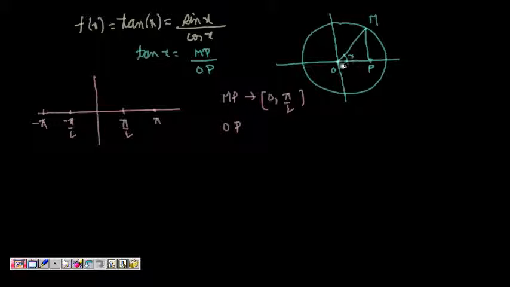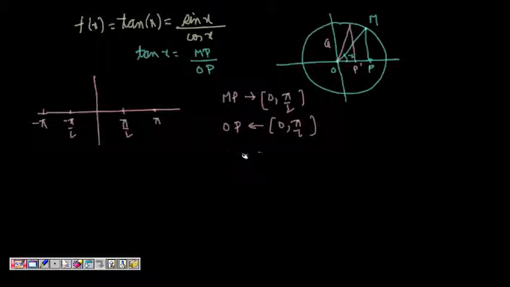Initially when x is 0, OP is maximum, equal to A, the radius of the circle. But then it constantly decreases, because as x increases, OP becomes smaller. So OP is decreasing from 0 to pi by 2.